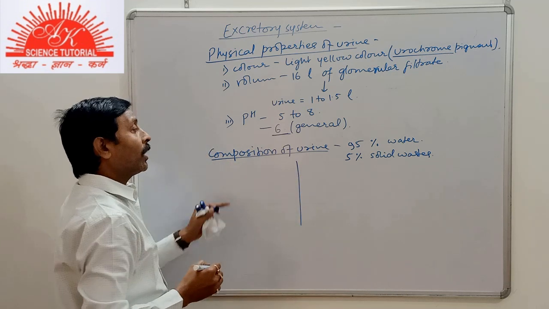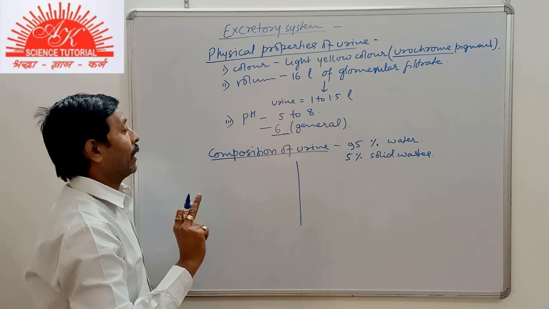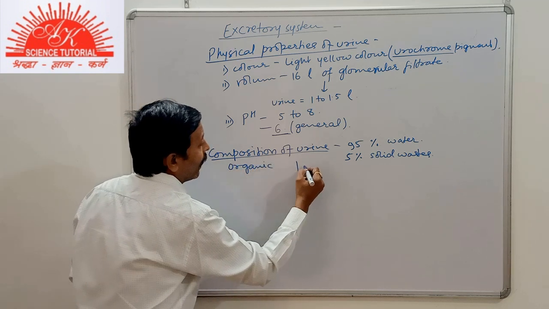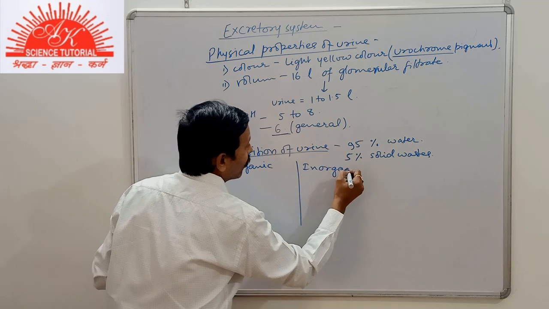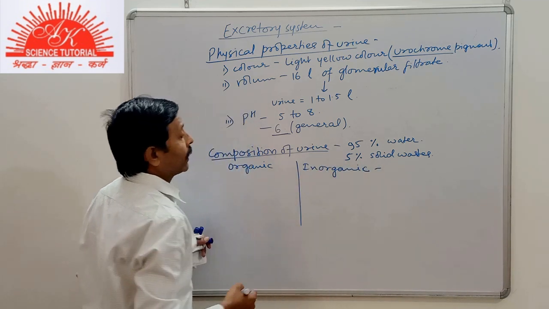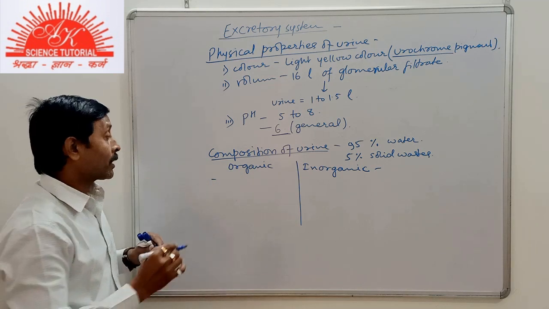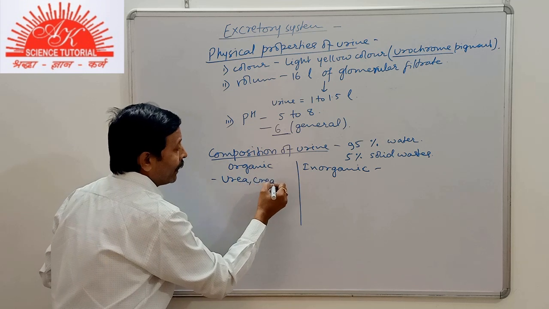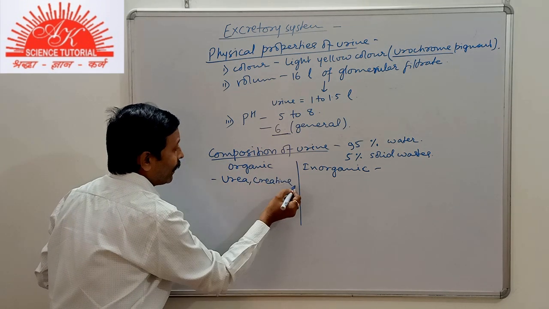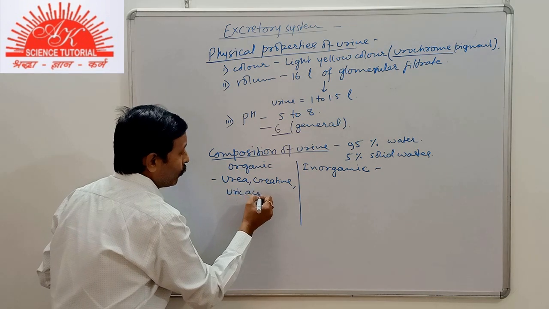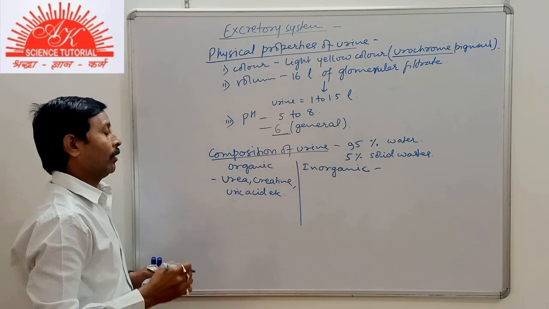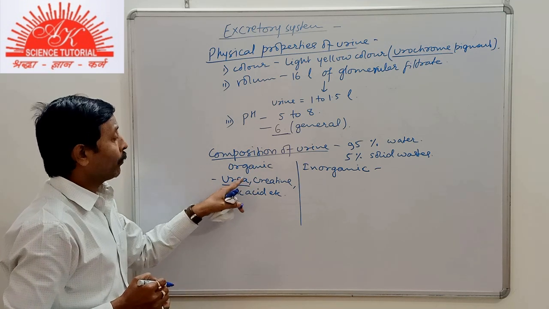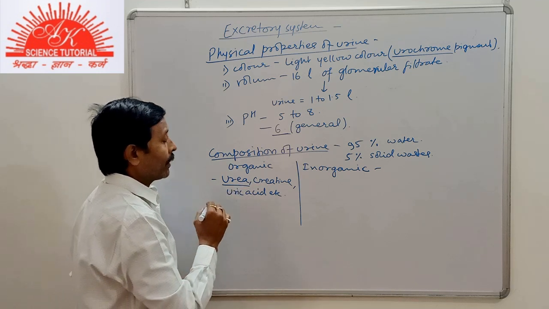The composition or constituents of urine is divided into two parts under two heads, that is organic and inorganic. Organic constituents are mainly urea, creatinine, uric acid, etc. The most, that is the excess of urea is present; in sequence of decreasing concentration, the names are written.